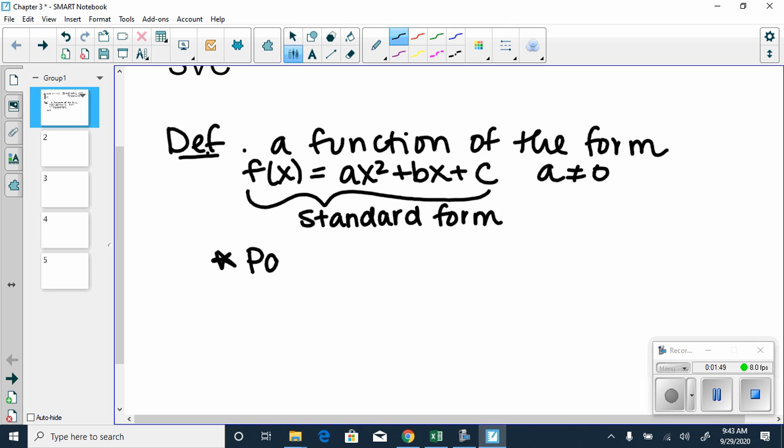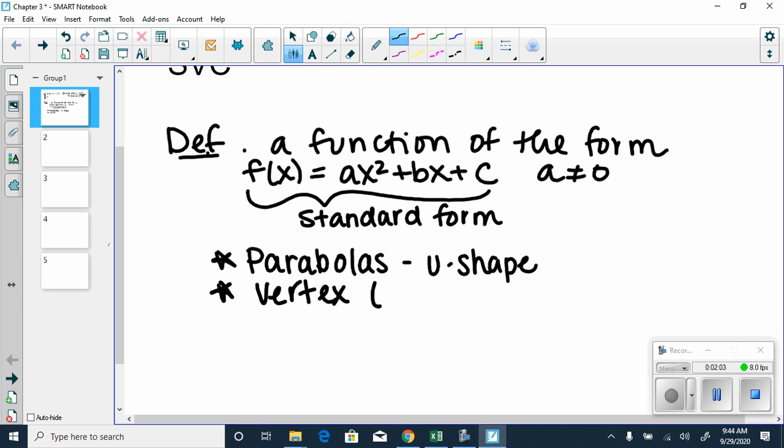They are parabolas, which are U-shaped. Okay, they all have vertexes, and a vertex is truly just a max or a minimum. So you will be able to find that in both cases.